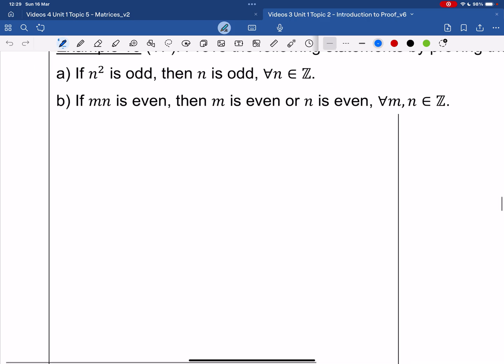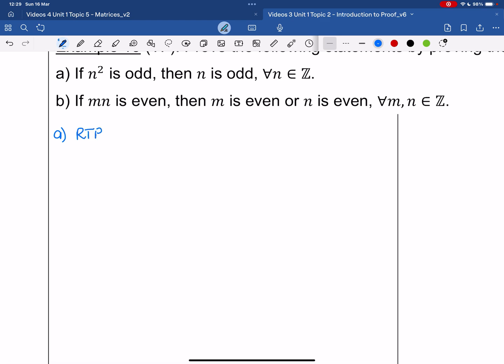All right, so it's telling us that we need to prove that if n squared is odd, then n is odd for all integer values of z.